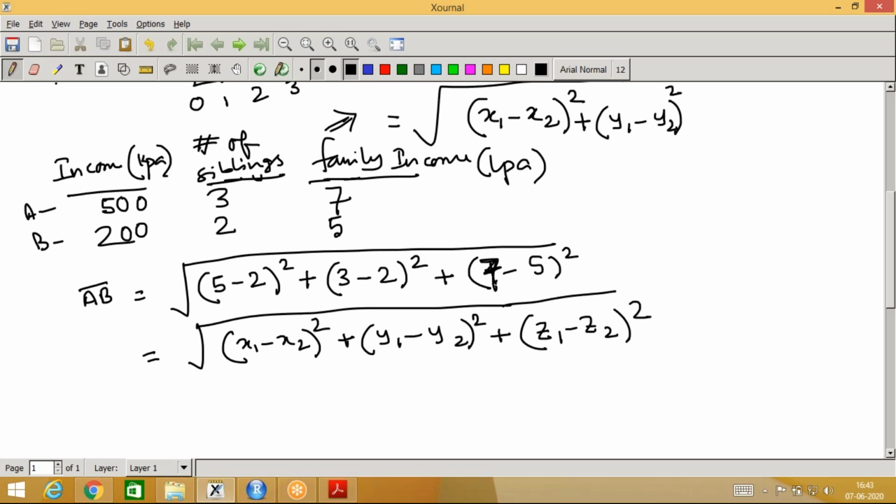If the variable changed to K per annum, this value would have been 500 and 200. So all of a sudden, A and B, which were very close, become very far away.